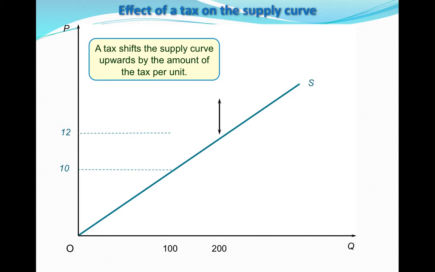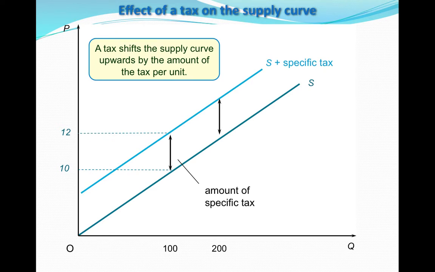It's going to shift parallel to the existing curve upwards by the amount of the tax. So, for example, if it's a $2 tax, that means that previously a firm would sell 100 units at a price of 10. Now they're going to sell 100 units at a price of 12.